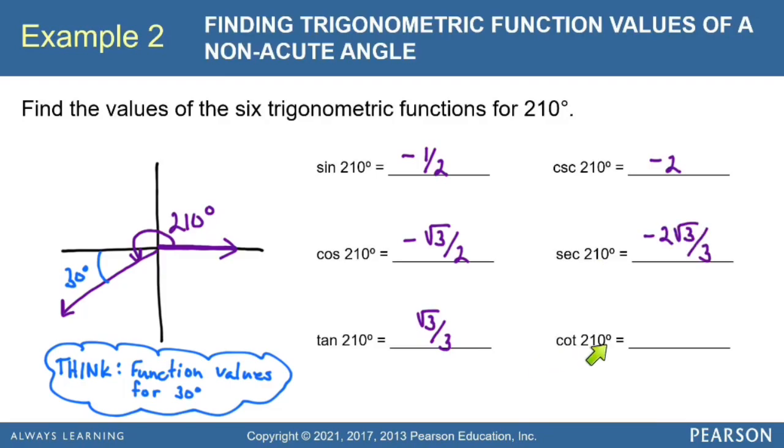And for the cotangent of 210 degrees, we know that's the reciprocal of the tangent, but we would want to remember that this tangent value has been rationalized. Before it was rationalized, it looked like this, 1 over square root of 3. So when we flip this value over to get the reciprocal of the tangent, we see the cotangent of 210 degrees is just square root of 3.